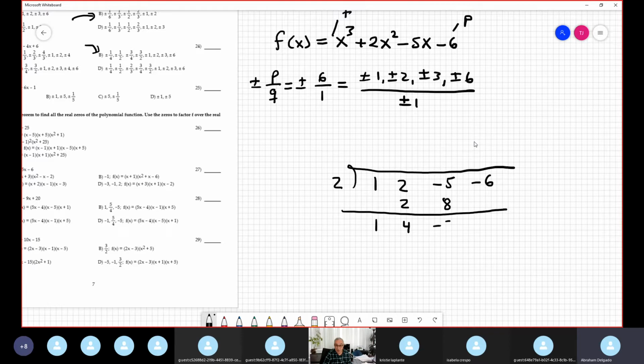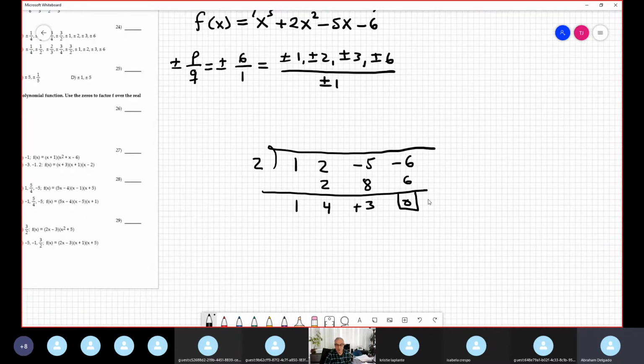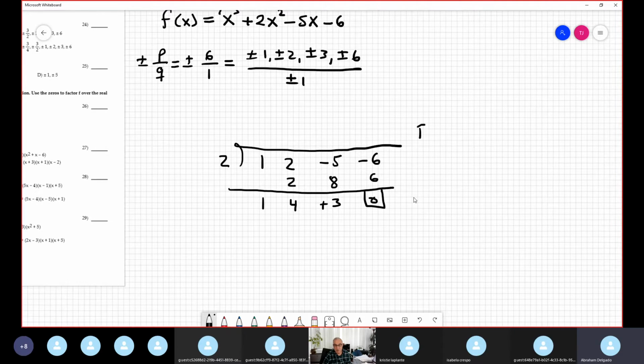This is positive 3, because of the minus 5. And this is positive 6. 0 remainder. Conclusion: it is a factor. Okay, verified, the factor was x minus 2. Remember, opposite sign for the factor and the zero. The zero associated with this is x equals 2.